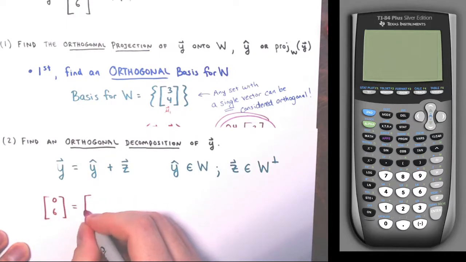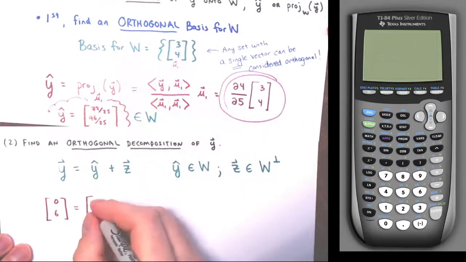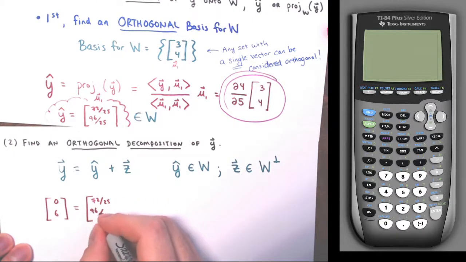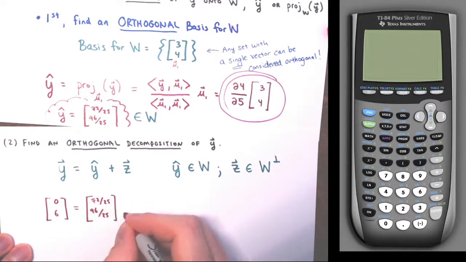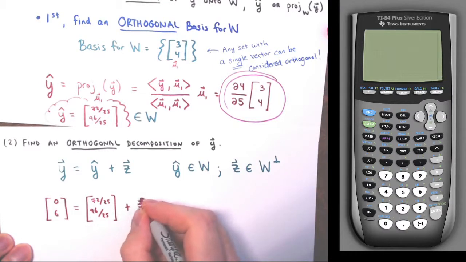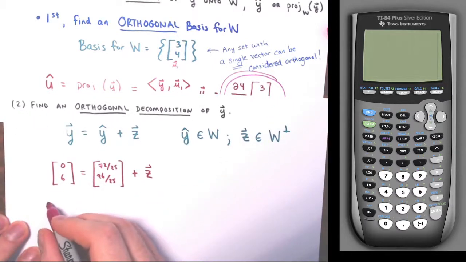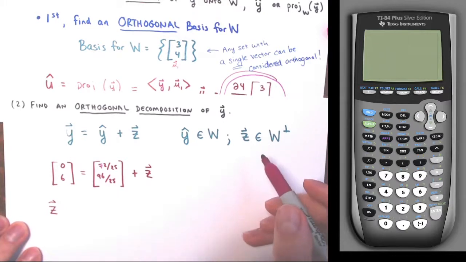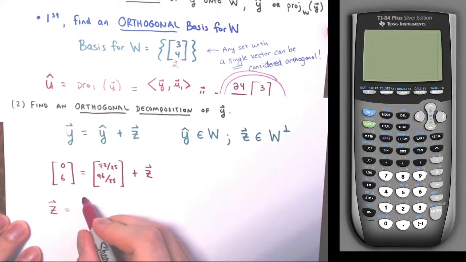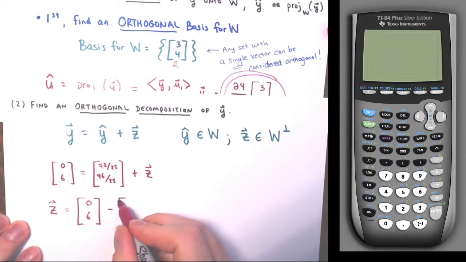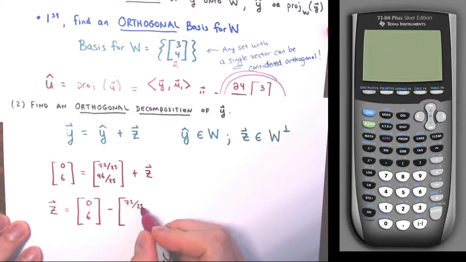We know that y hat is 72/25, 96/25, plus z, and to find this z, it's very simple. Again, just subtract. So the vector z from the orthogonal complement of W is going to be the vector 0, 6 minus 72/25 and 96/25.